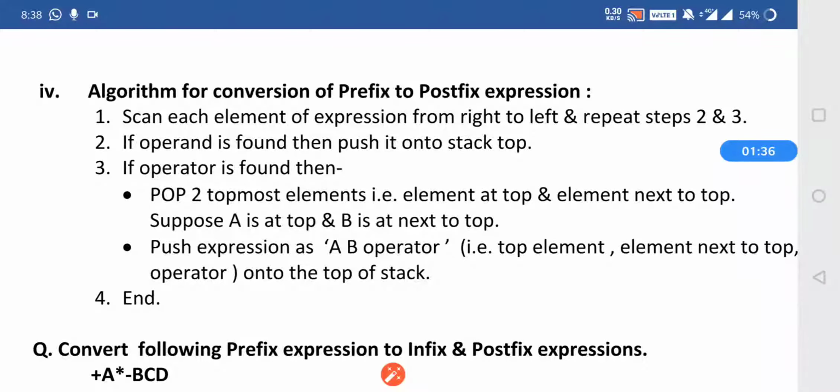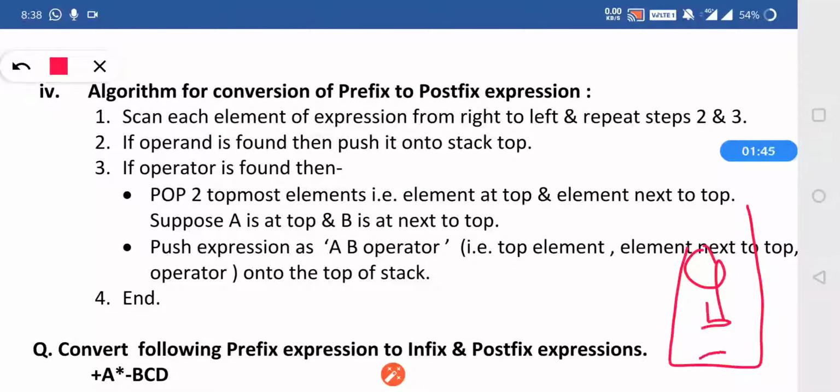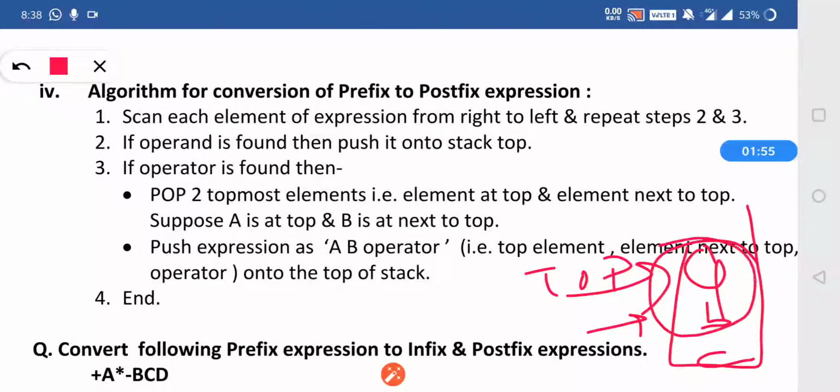Means suppose we are having this particular stack where A, B and C elements are present. A is present at the top of the stack and B is present next to the top of the stack. So we will pop these two operands from the top of the stack.